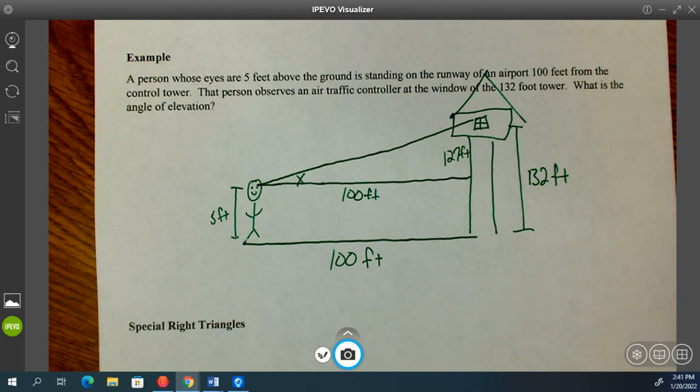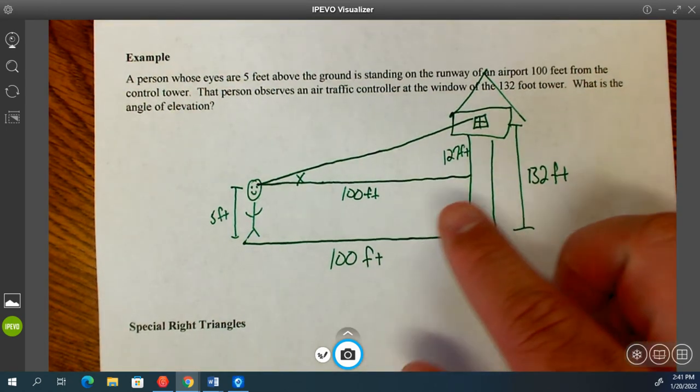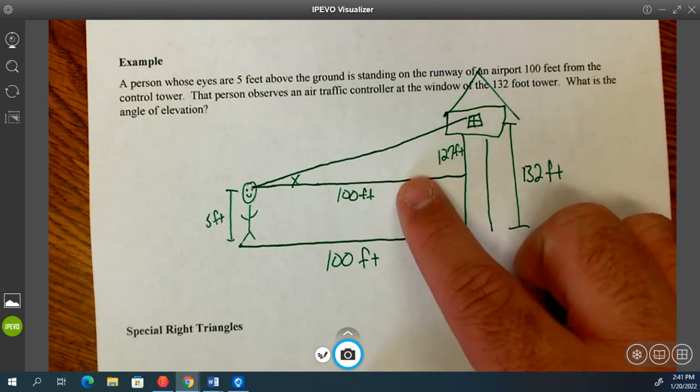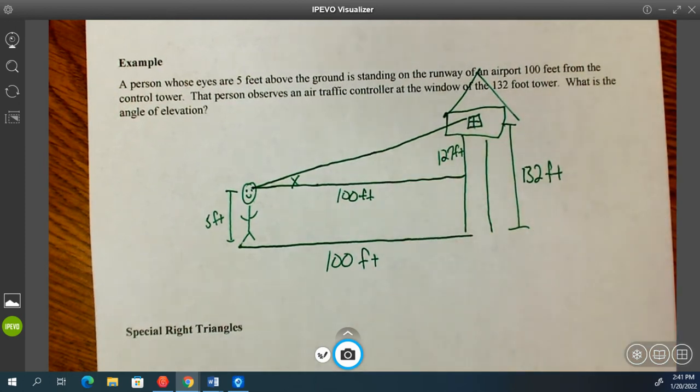So that's why I stressed drawing the picture out as well as you can. Now, it doesn't have to be perfect, but you have to remember, if I'm doing angle of elevation or angle of depression, it's always from a line of sight, from somebody or an object. Now, I'm going to treat this triangle the same way I would treat any other triangle looking for a missing angle.